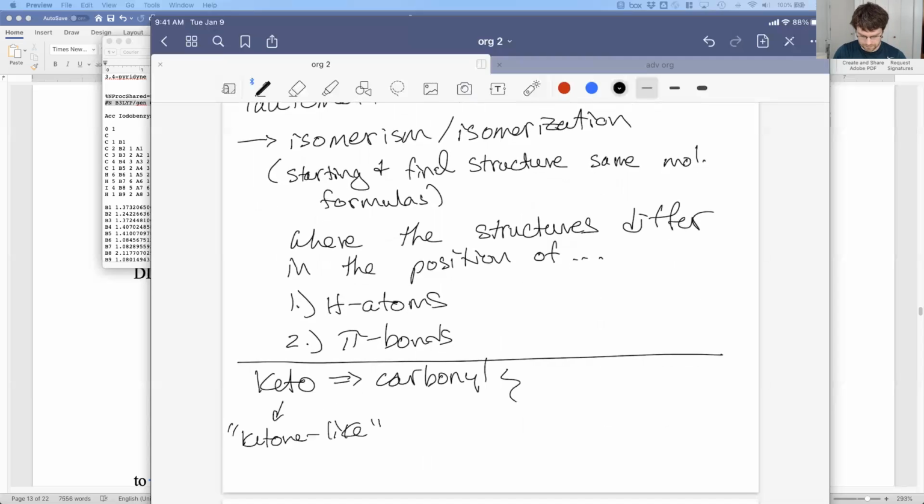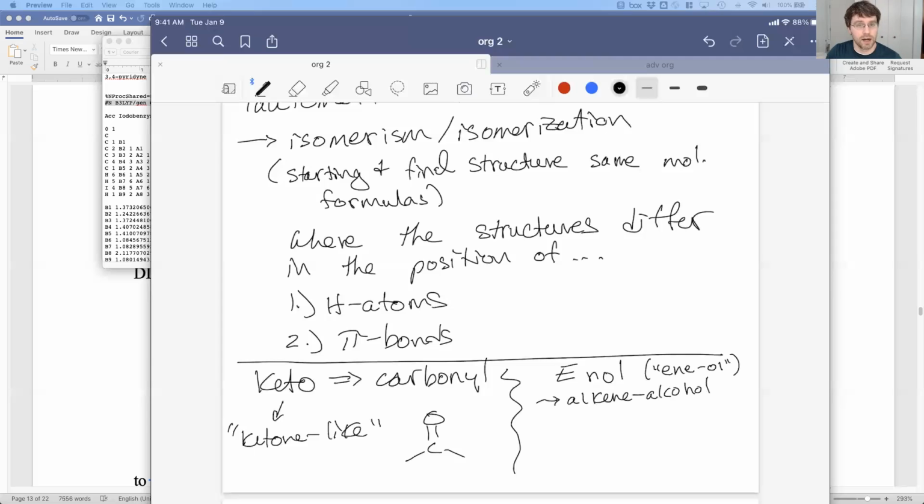Now, enol, and let's just draw a picture of this. Enol is alkene alcohol. So enol is pronounced with a hard E. Enol, not enol. It's enol. I know it's kind of weird, but this is what chemists do. They put en at the beginning of a word and they say it's en.